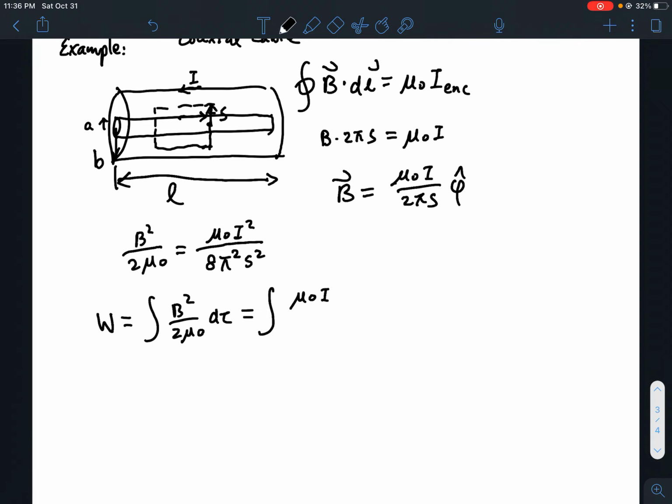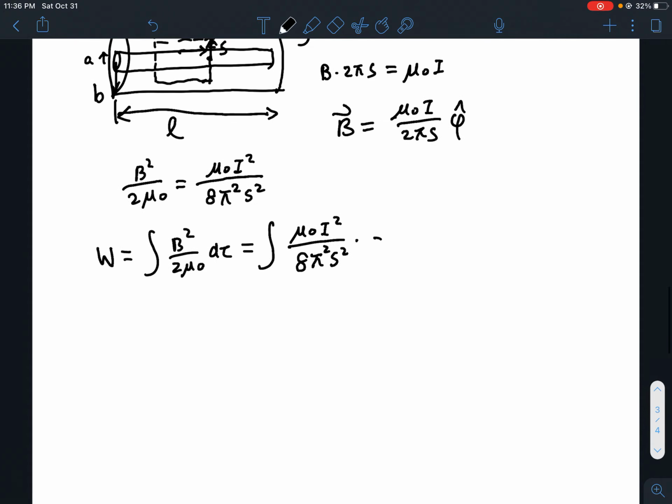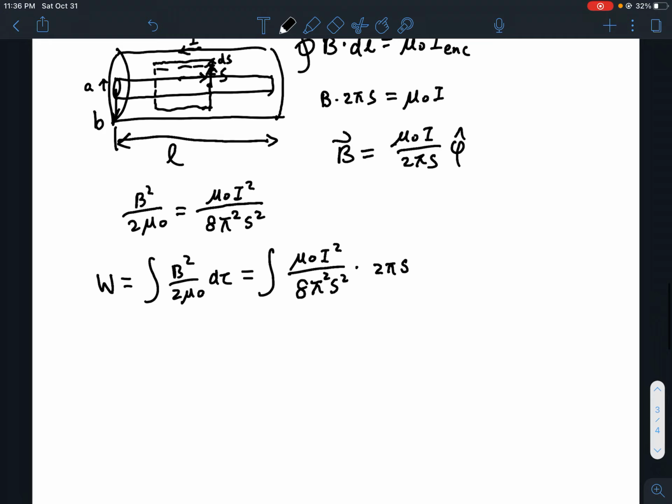So this d tau, we can consider a very small volume change at ds here. This volume change is the length 2 pi times s, then of course times ds. So this gives us the surface here.